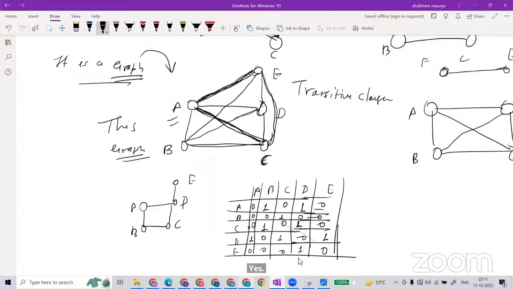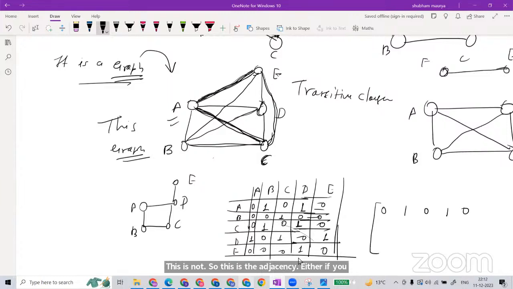So now it is fine. This is the adjacency matrix. Either way, if you want, we can write it like this. You have to at least remember the order. The order is going to be the same: A, B, C, D, E for horizontal and vertical both.